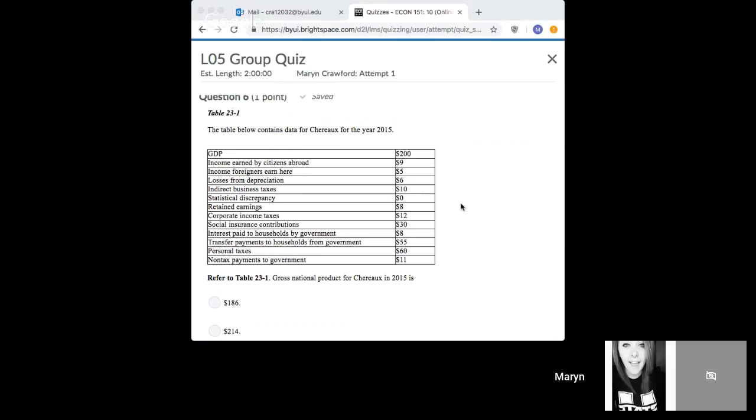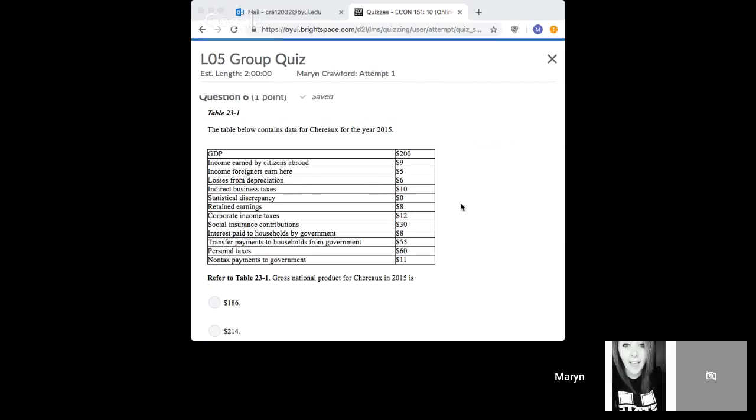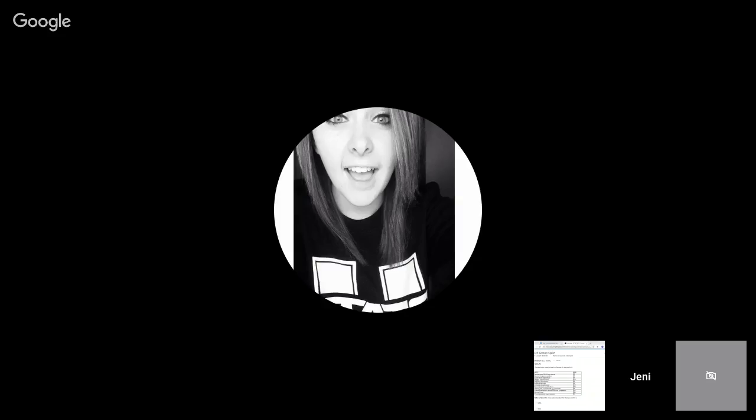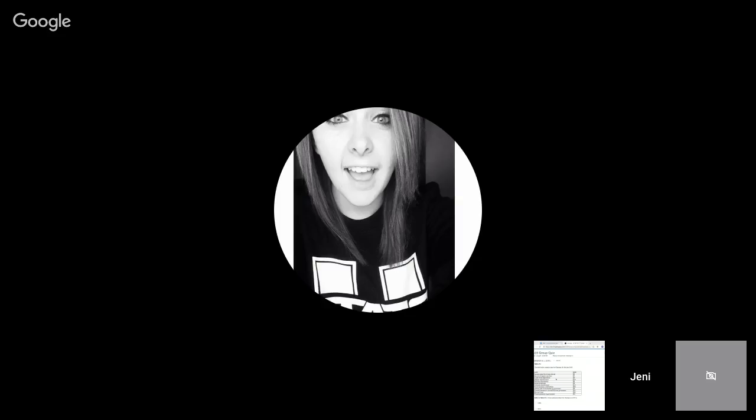So it's what is made by Americans. So this is everything except for what foreigners earn here. So I subtracted the income that foreigners earn here, and then added the income earned by citizens abroad, which got 204.